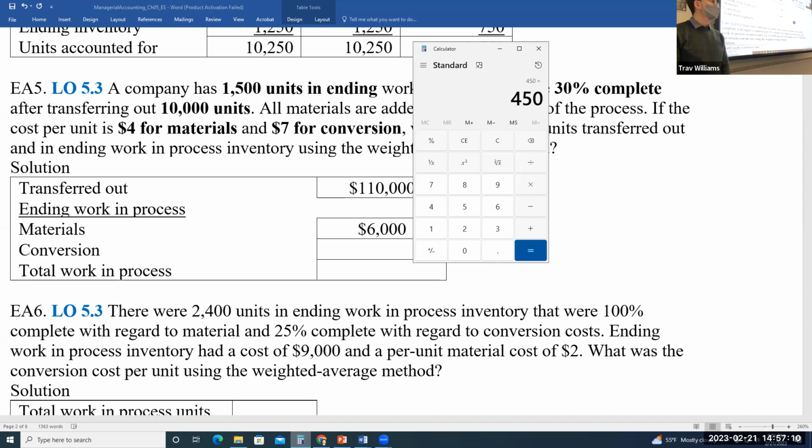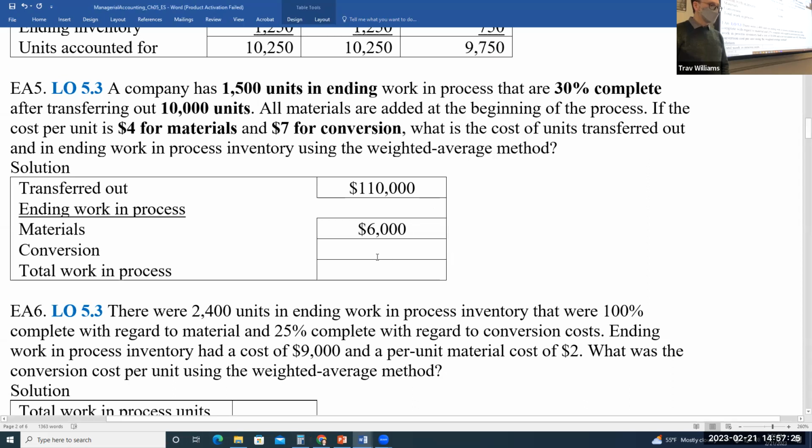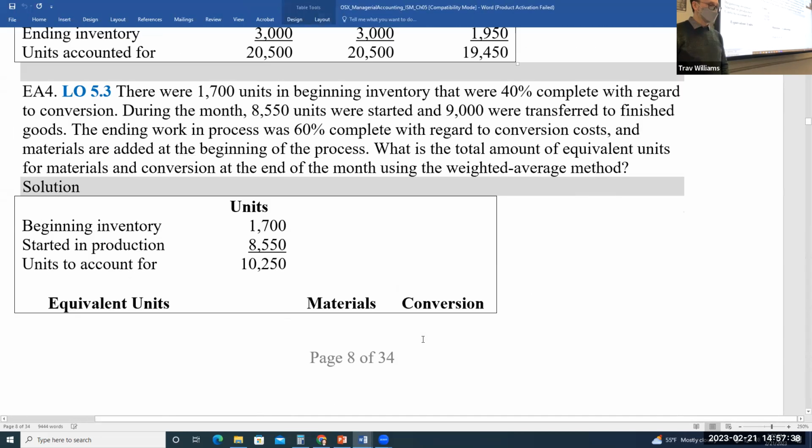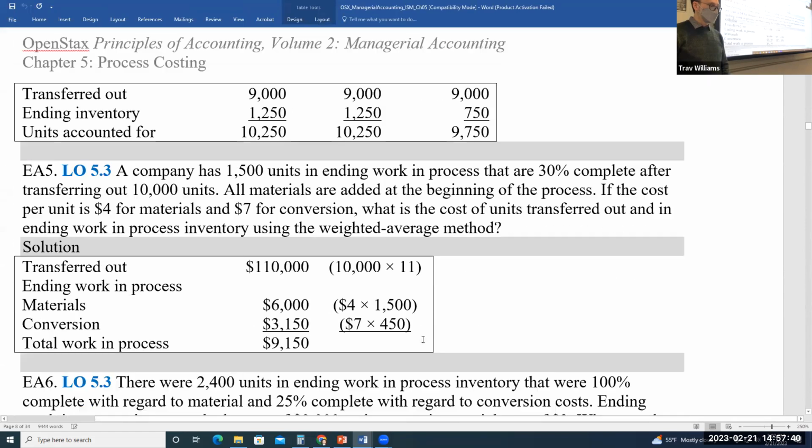And then multiply that by $7 per unit for conversion costs, right? So the number of units in process times how complete they are, which is 30%, times the conversion cost per unit. So 3,150. Add those two together, we get total work in process $9,150. Sound good? 9,150. All right.